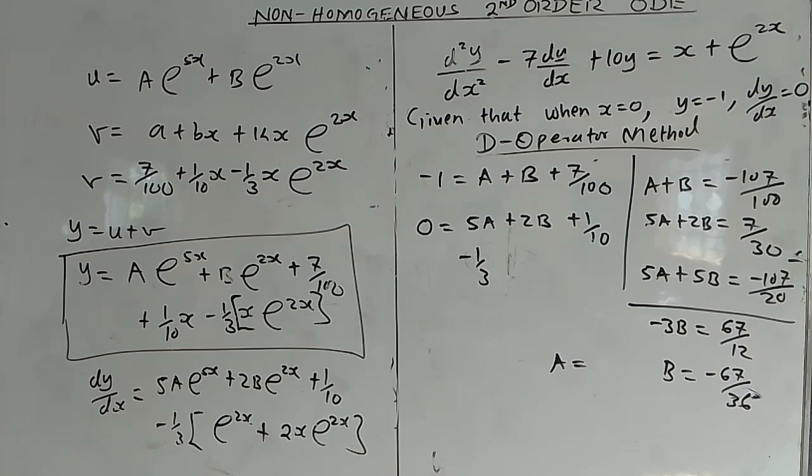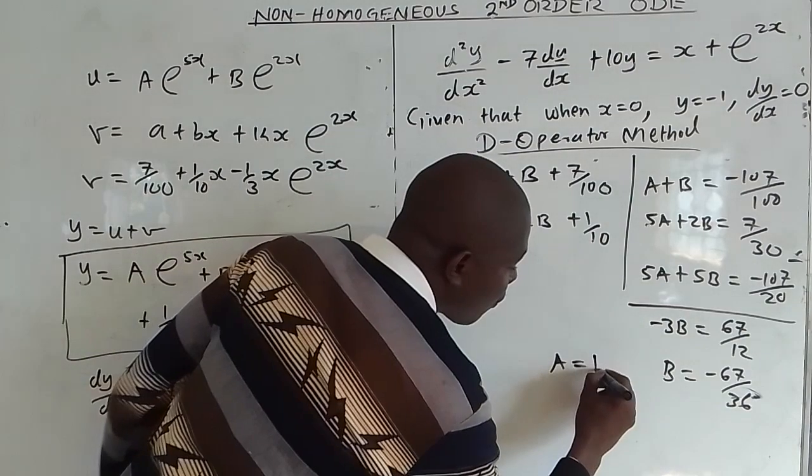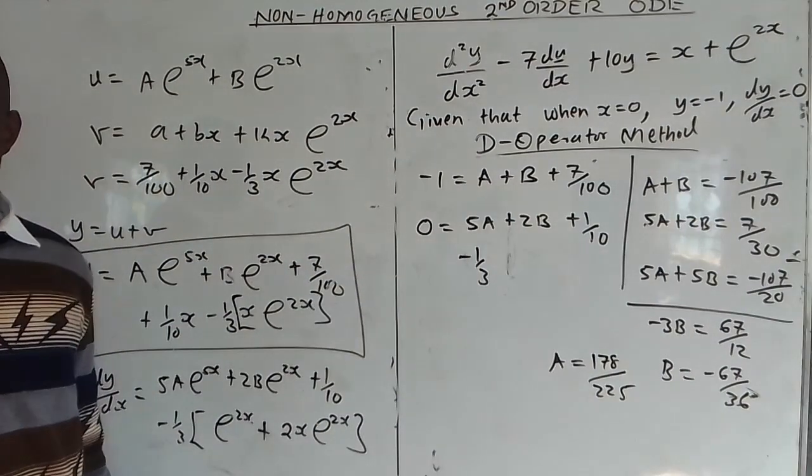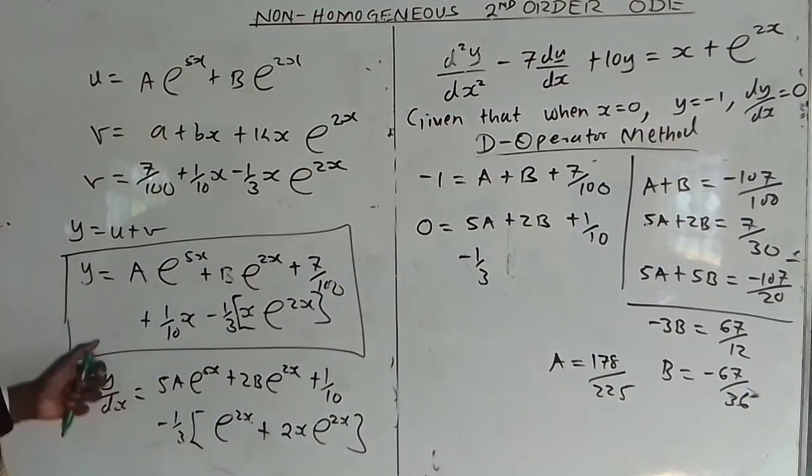What do you have to be A? Negative 107 over 100 plus 67 over 36. 178 over 225. So what is your solution?